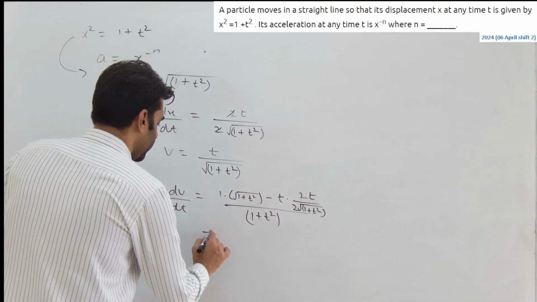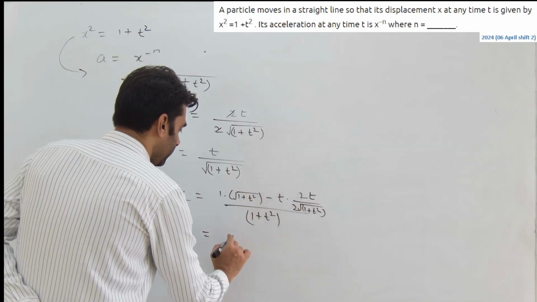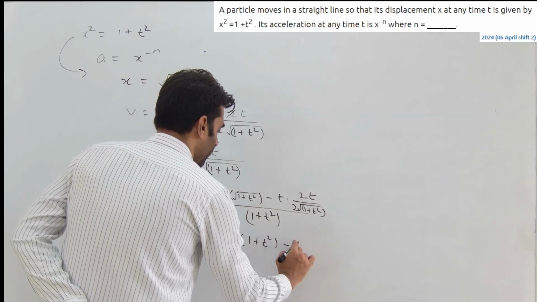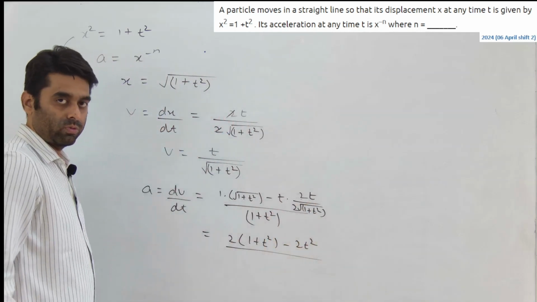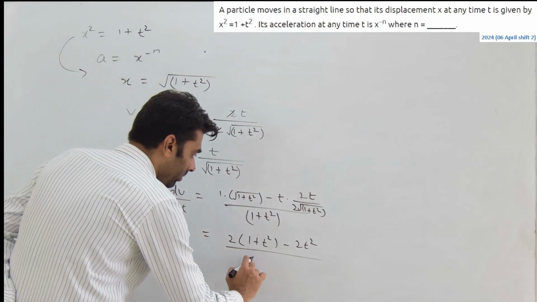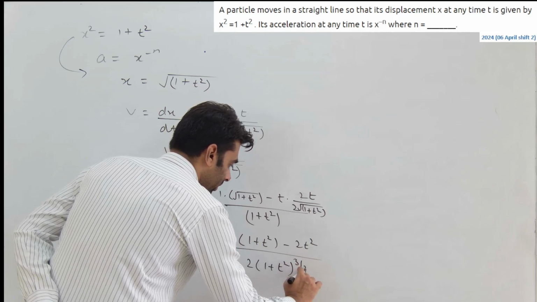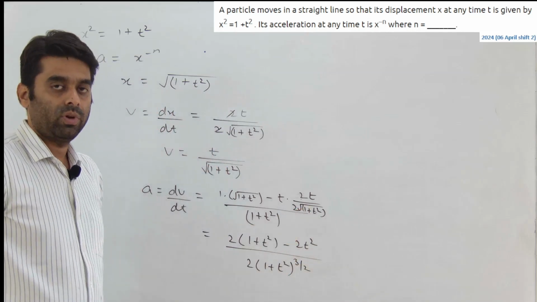Let us simplify this. Over here, the 2 root over 1 plus t square, if we simplify it, we get 2 times (1 plus t square) minus 2t square, divided by 2 times root over 1 plus t square in the denominator. It will become 2 times (1 plus t square) whole power 3 by 2, since 1 plus t square into root over 1 plus t square is (1 plus t square) whole power 3 by 2.